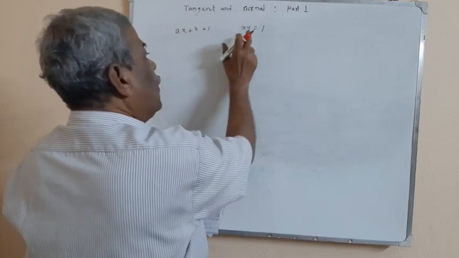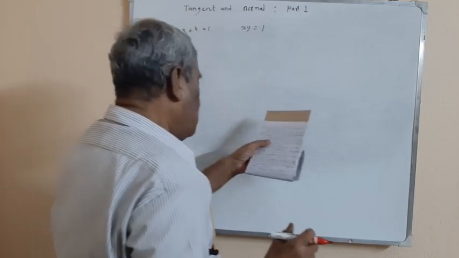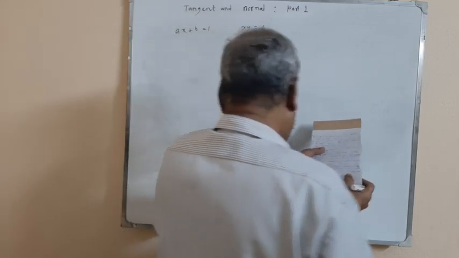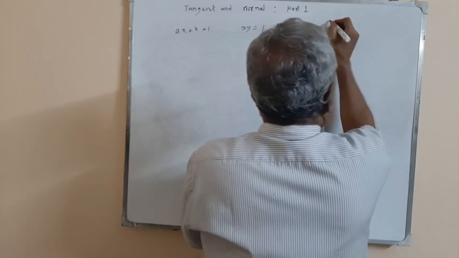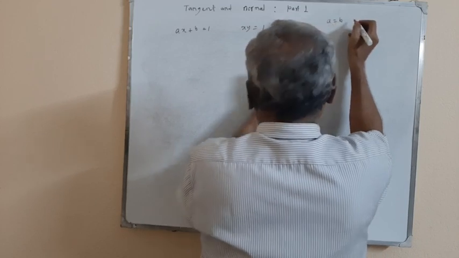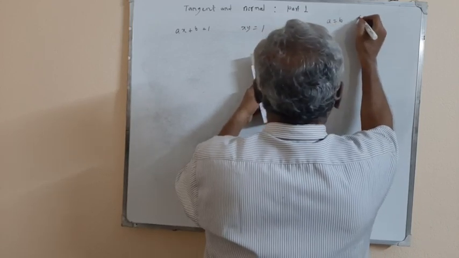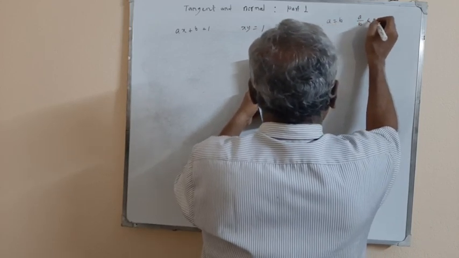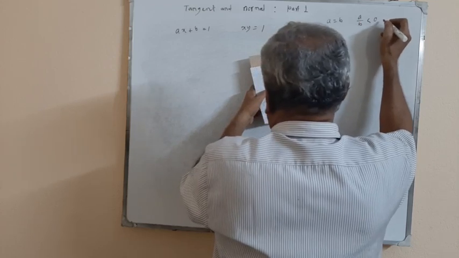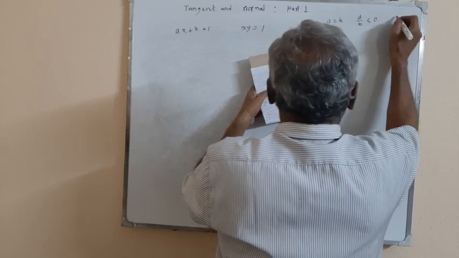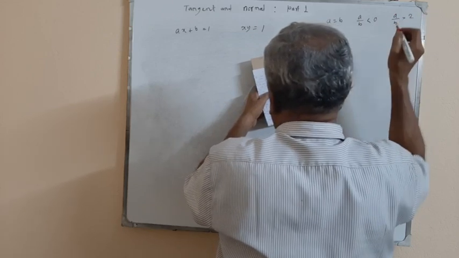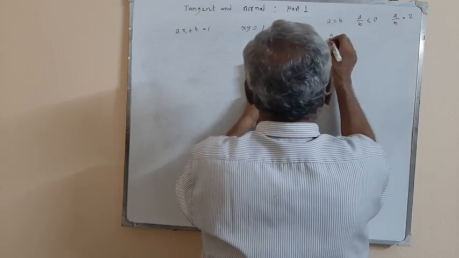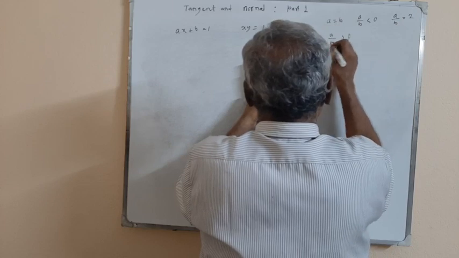This is a normal of that. Then which one is correct? Number 1, a is equal to b. Number 2, a by b is negative. Number 3, a by b is equal to 2, and a by b is positive.